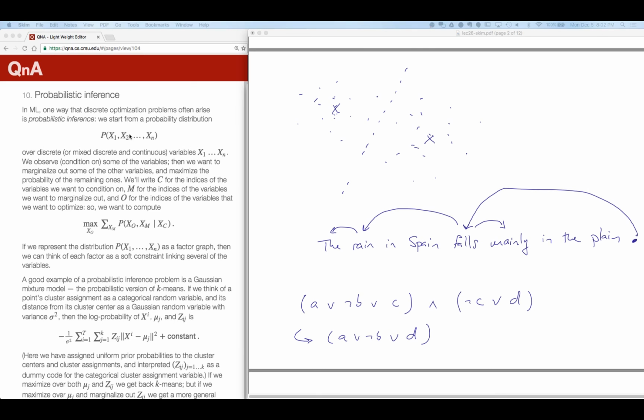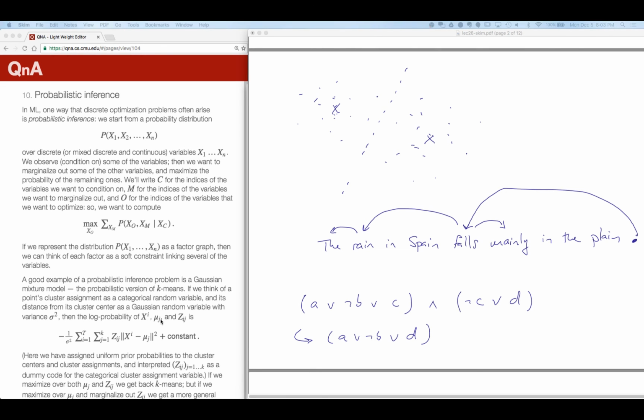So if we take k-means and turn it into the probabilistic version of k-means, meaning that we say that the distance from a point to its center is a Gaussian random variable, and the assignment of a point to a center is a categorical random variable, then we'll have a prior distribution over the mu's and z's, and then when we condition on the x's, we'll have a posterior distribution over the mu's and the z's.